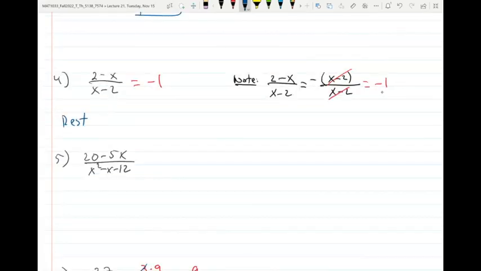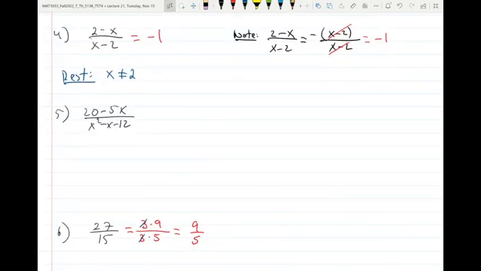What's the restriction in number 4? 2. X cannot be 2. Remember, x cannot be 2. Okay? Because the right side is just -1, it doesn't care about x. But the left side cares about x, which cannot be 2. So remember to write down restrictions for number 5 as well.